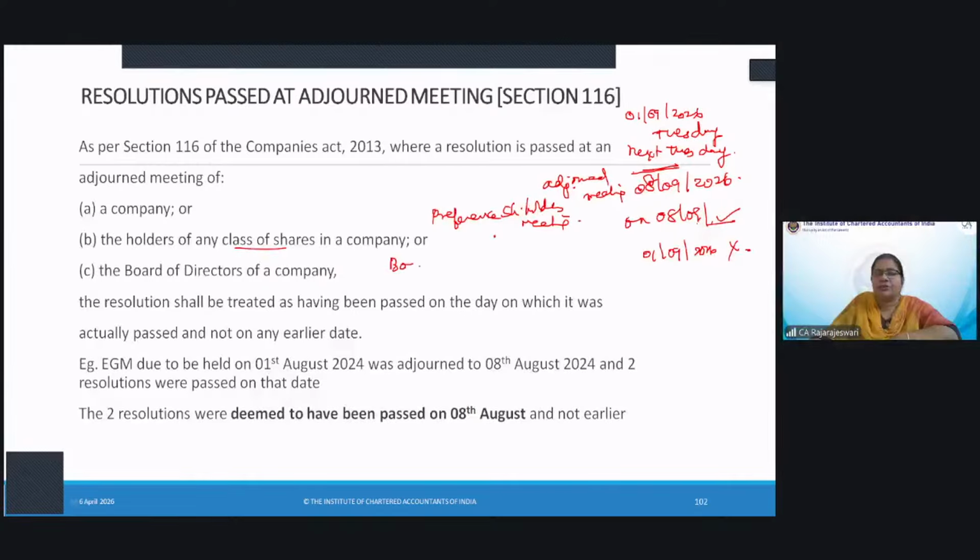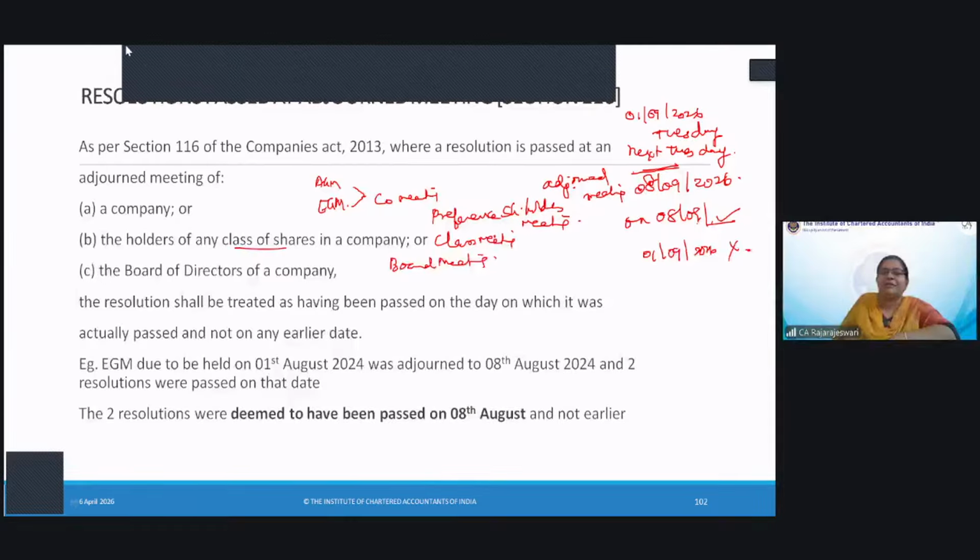Board meeting is adjourned. Here it is a class meeting or company meeting, that is either it could be AGM or EGM. In these three cases, the resolution shall be treated as having been passed on the day it was actually passed and not on the earlier date.